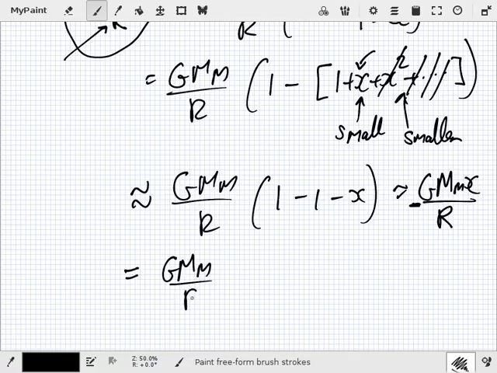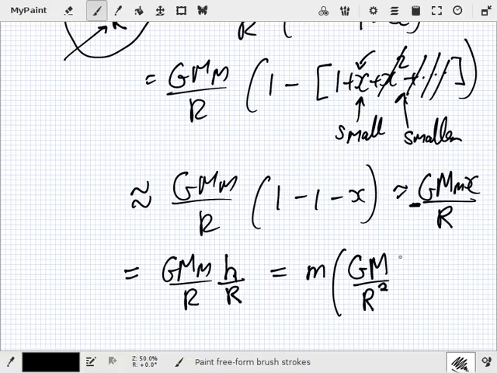H over R. So this equals GMm over R squared times H.